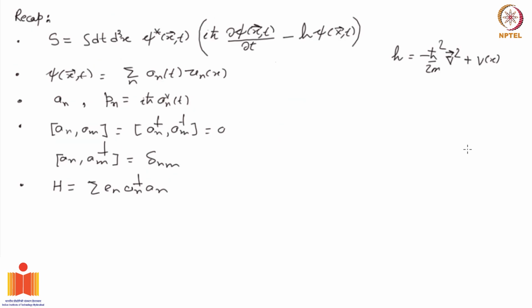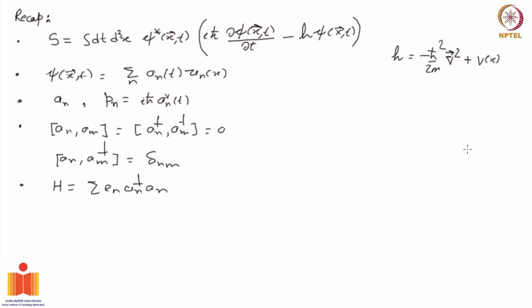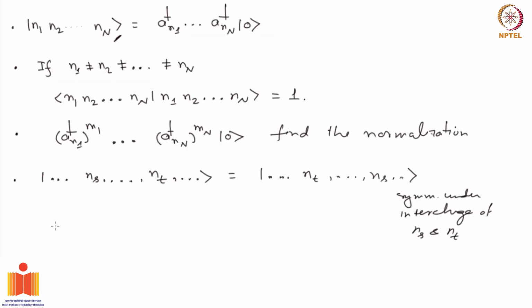Okay. Also, I think I didn't write here, but I should have. Maybe I can do it now. Here I would like to add that, if you take the Hamiltonian and act on this state, you get the sum of some of these energies.